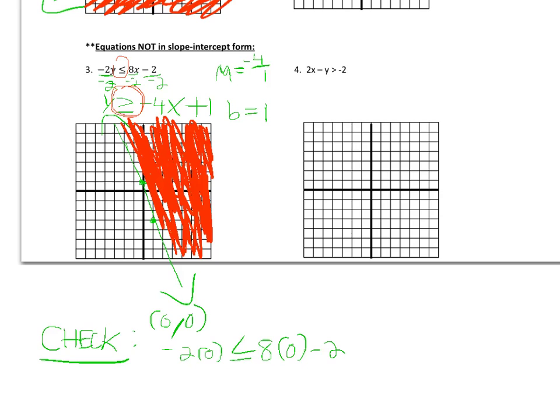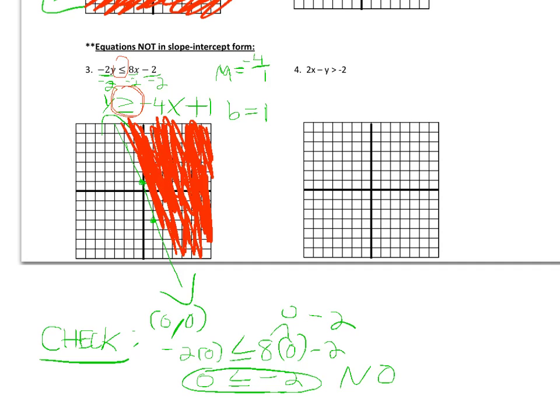Well, -2 times 0 is just 0. And 8 times 0 is 0, and 0 minus 2 is -2. This is a false statement. 0 is not less than or equal to -2. So I say no. That's why this point 0, 0 is right here, not in the shaded red region.